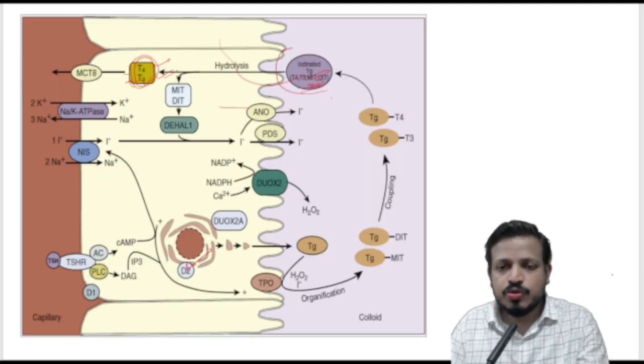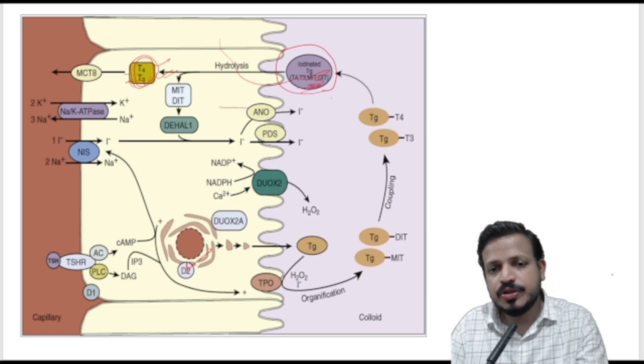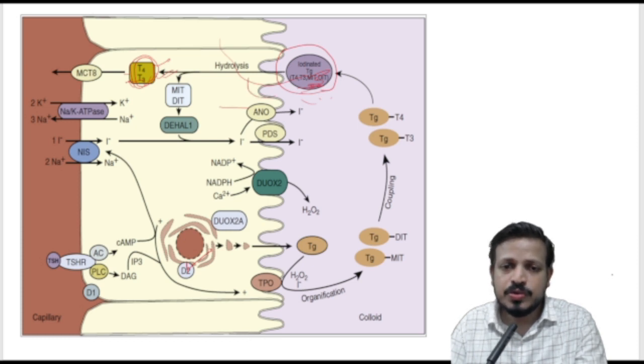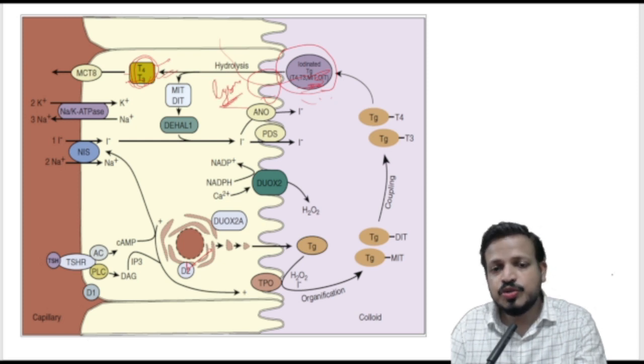So when there is a requirement of thyroid hormone in the circulation, the thyroid hormone bound with thyroglobulin enters through the apical membrane of the thyroid follicles by pinocytosis, and inside the cells it combines with the lysosome, and then by the lysosomal proteins, proteolysis occurs.